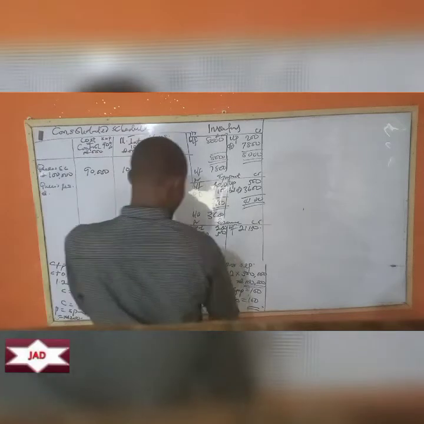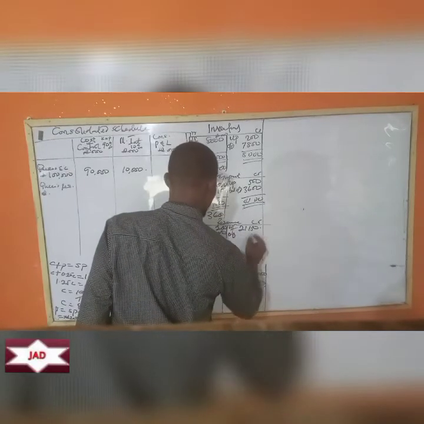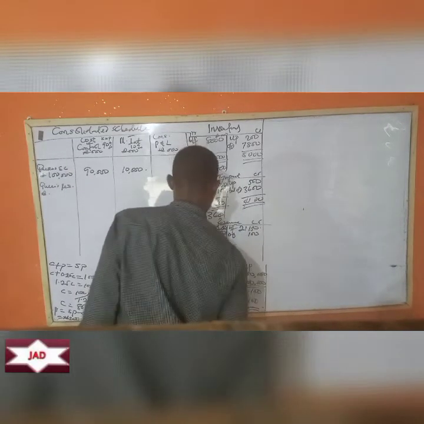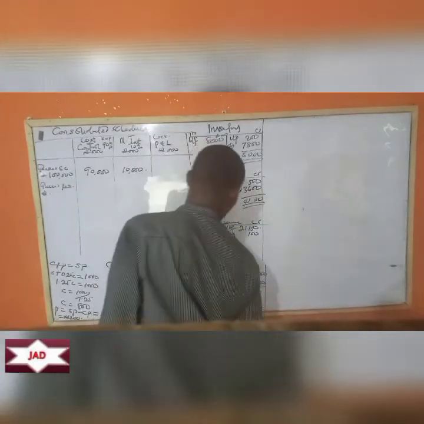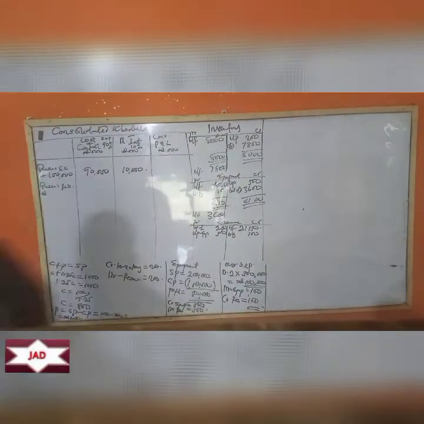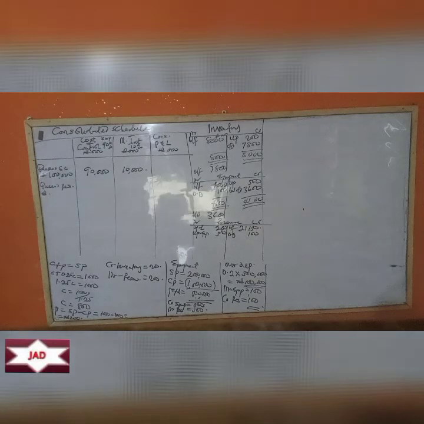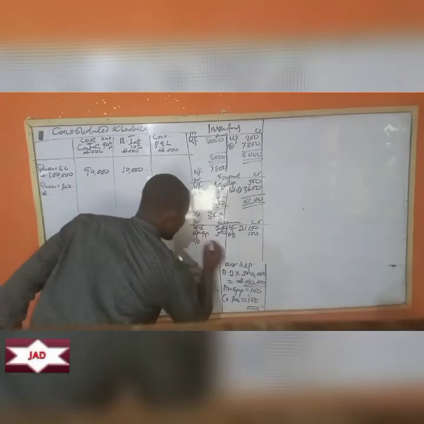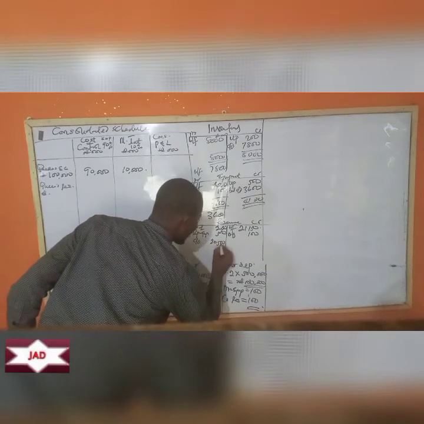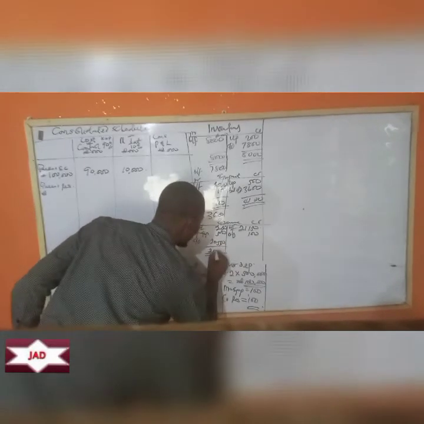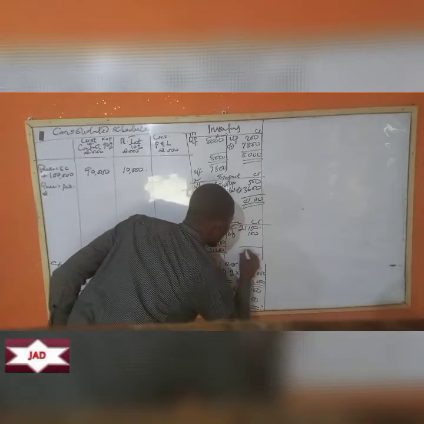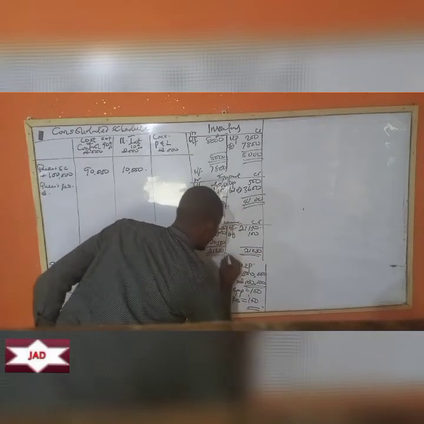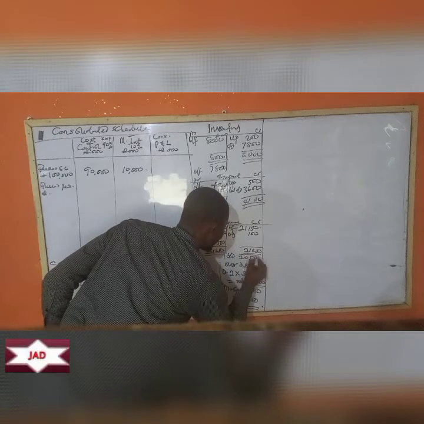There's a credit from over depreciation, which is 100. So what do we have now? We have 21,250 minus 700, which is 20,550. That's the new balance. So carry down will be 20,550.